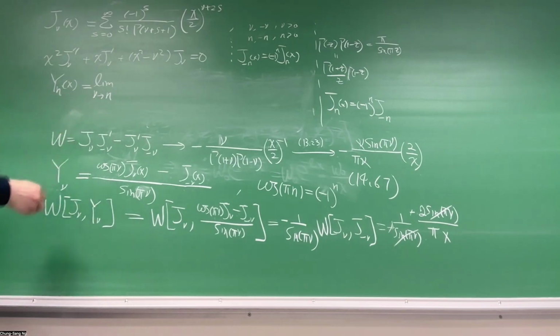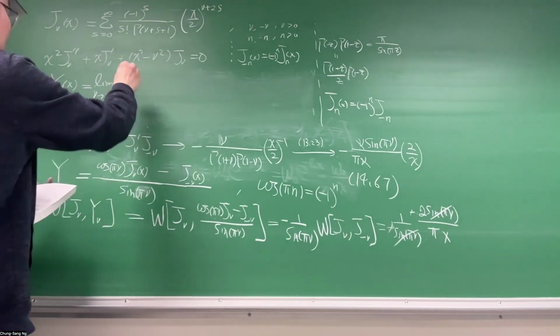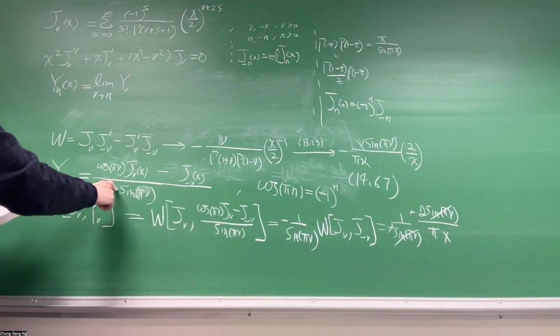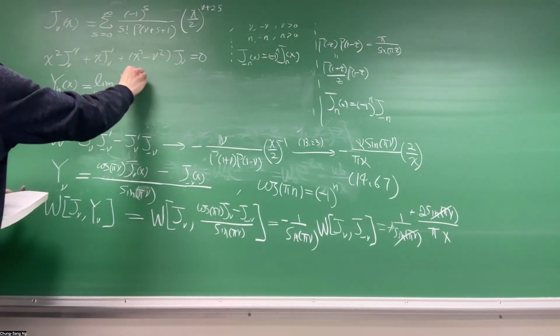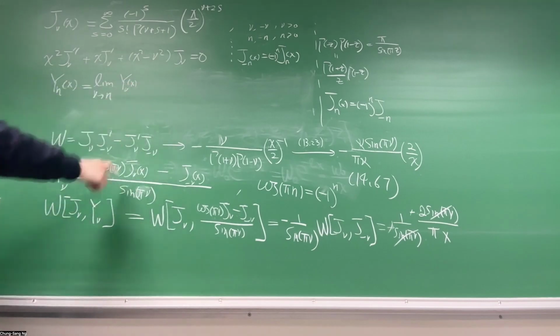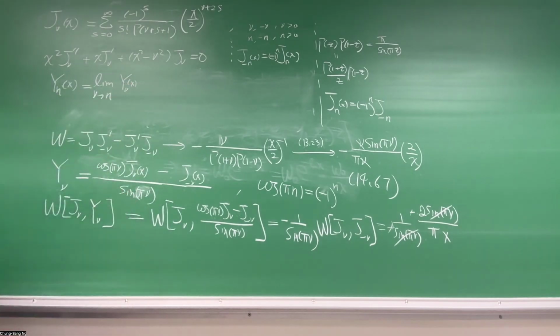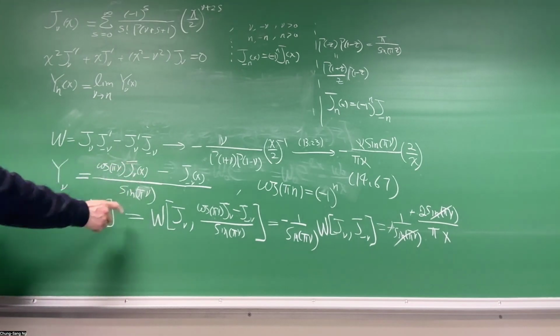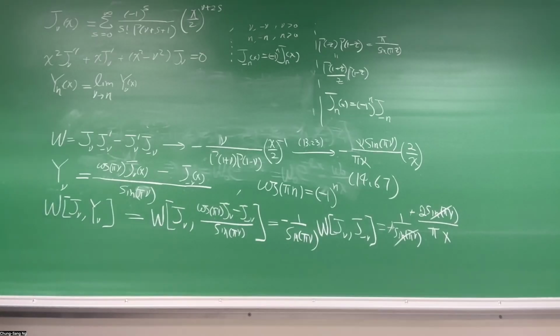So n is integer, and y sub nu is defined by this one. Just plug this into this and take the limit that nu goes to n, integer. But in this limit, both the numerator and denominator are 0. So that suggests we take a derivative of that.